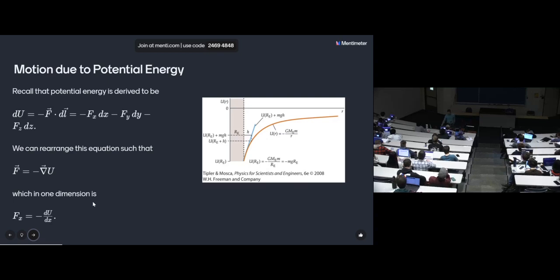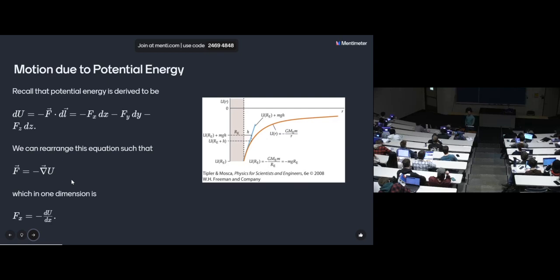This upside down triangle with a vector sign over the top of it, its name is affectionately known as nabla. So that's a nabla, that upside down triangle is nabla. And the way that you would read that is what's called the gradient of the potential energy is equal to the force, or the negative gradient of the potential.